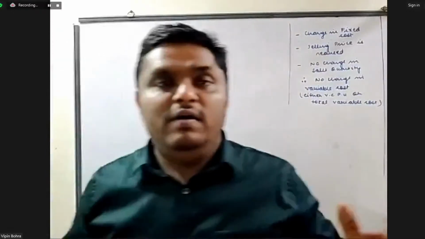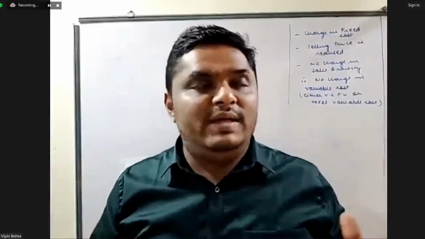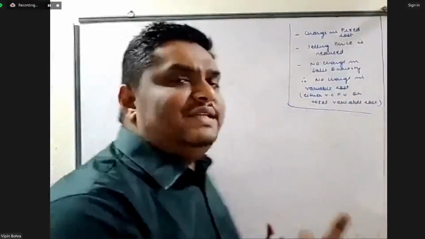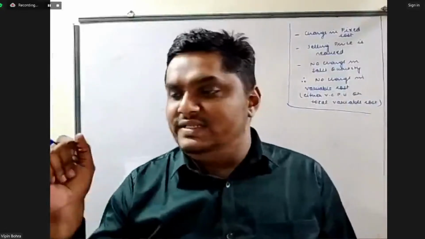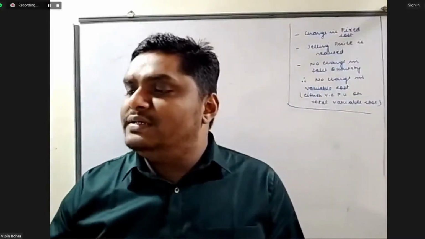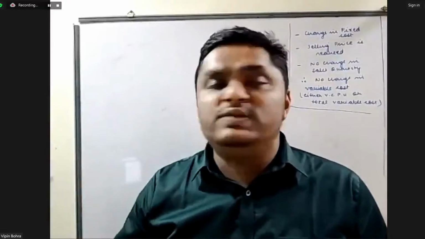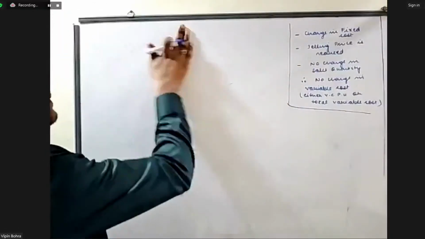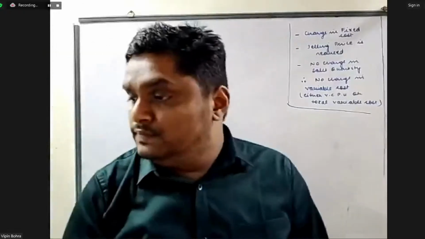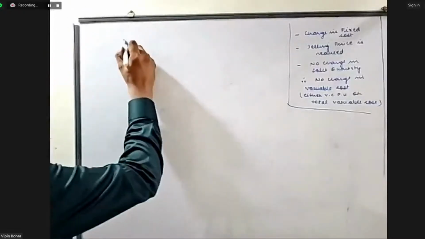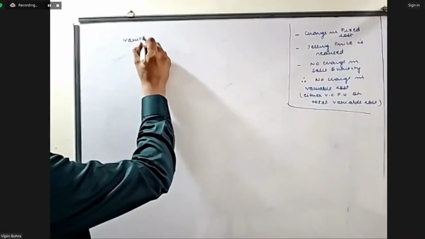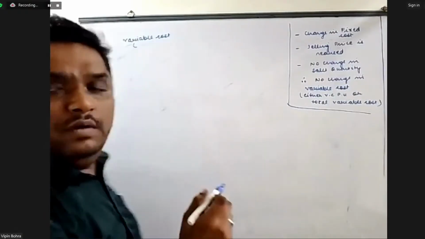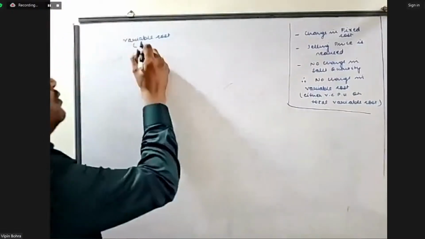So now we are ready with the solution. These are the extracts of the question. Once you are able to understand the question, you can write the solution very easily. The first point, they are asking us to calculate the total sales for 22-23. Let's calculate the variable cost of 21-22.